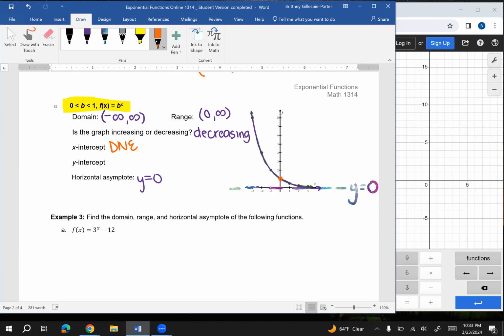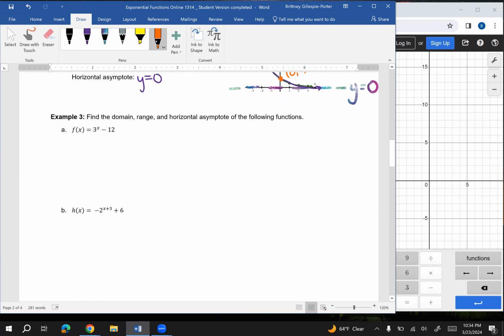But our y-intercept, where we cross the y-axis, is still at (0, 1). The horizontal asymptote, you may be wondering how you can figure out what it is without graphing it. It's whatever is added or subtracted after the exponential piece. Let's get into that with example number 3.